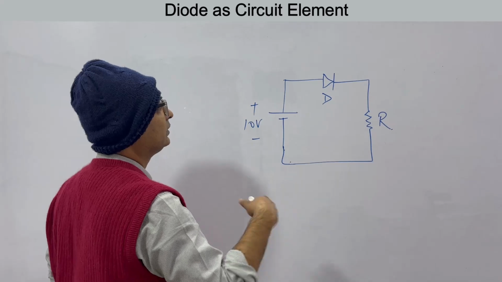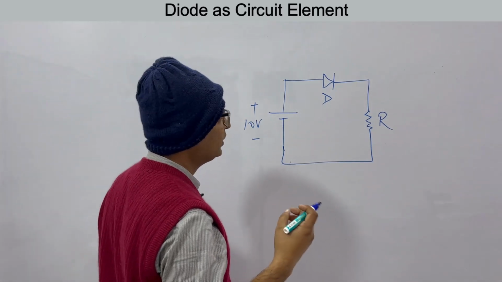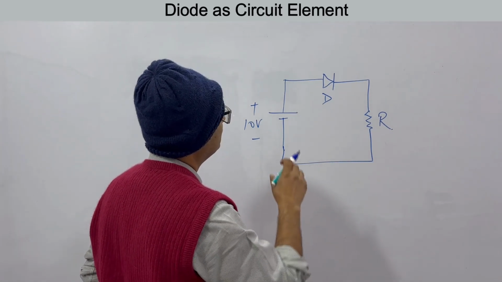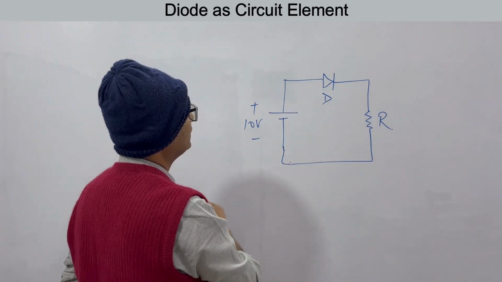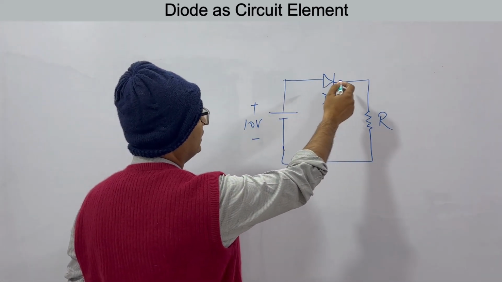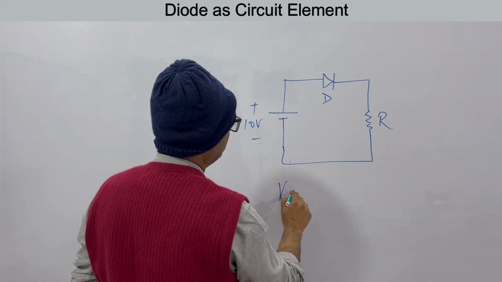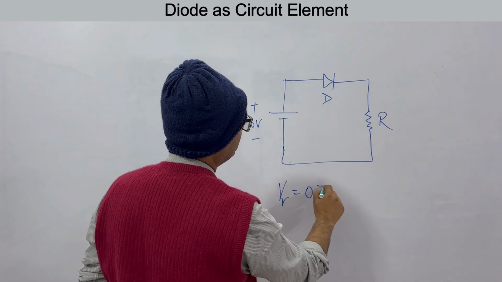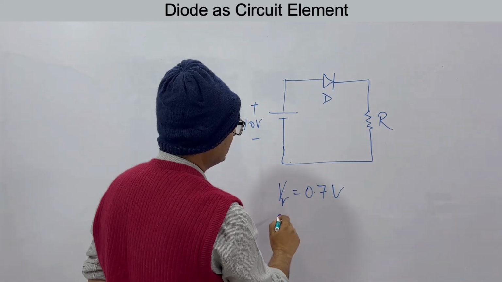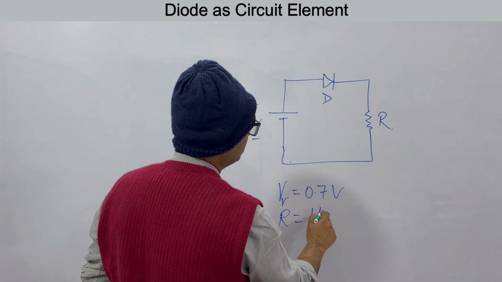I am just doing the circuit analysis, what is the current and voltage across different elements in the circuit. Let's say this is a 10 volt source, this is a diode, this is a resistor. Let's say your V gamma is 0.7 volts for this diode. R is 1 kilo ohms.